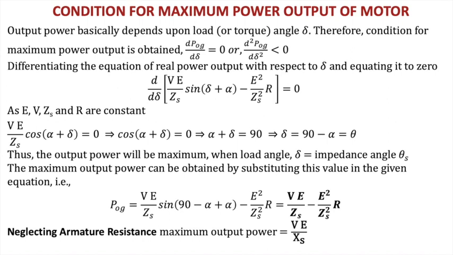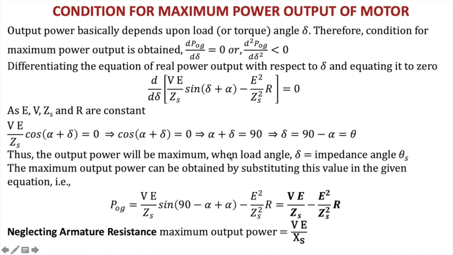Therefore, when you differentiate it with respect to del and equate it to 0, you will get the value, because over here V, E, Zs and R are all constants. Therefore, it depends only on the term cos alpha plus del, and equating that to 0, we get the condition that del should be equal to 90 minus alpha, which is equal to theta, the impedance angle.